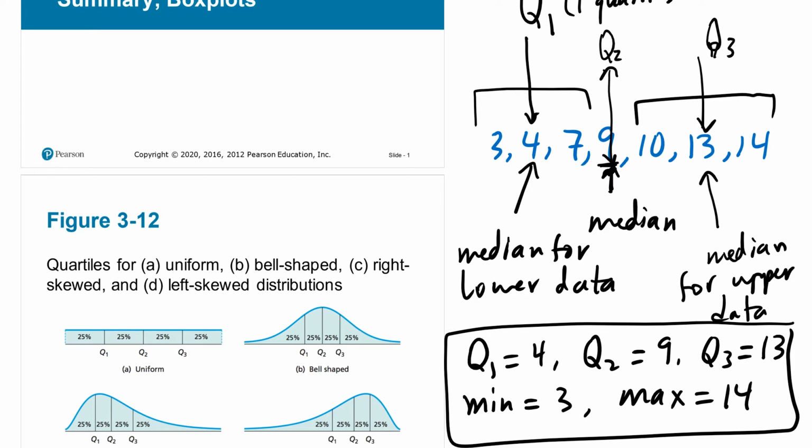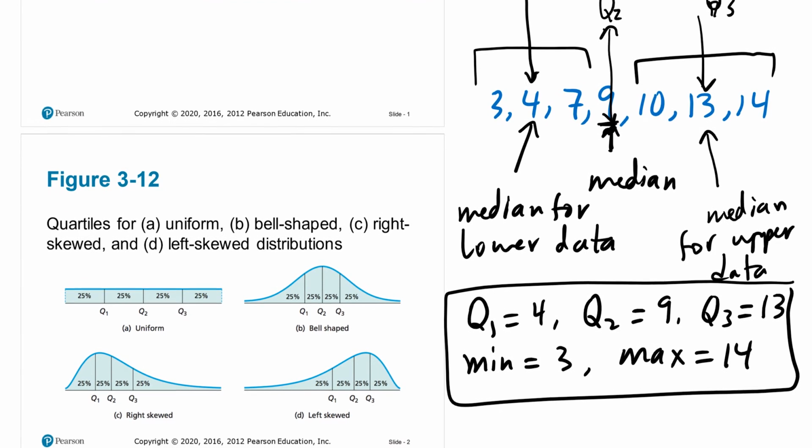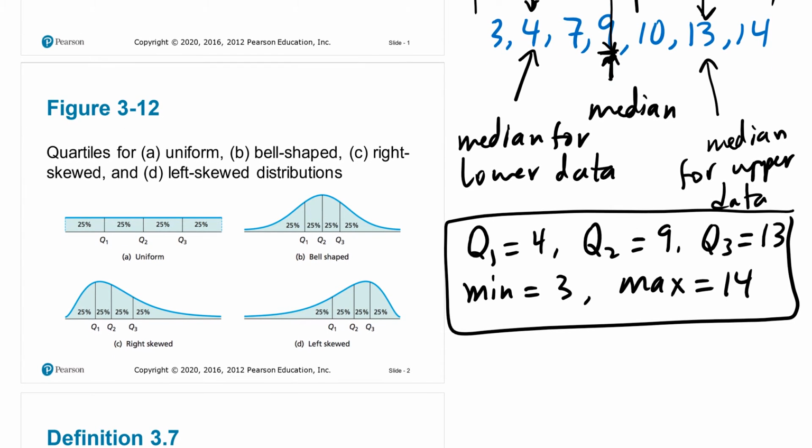Now, we have another thing to introduce here. The way these quartiles work is that we plot them on a graph, let's say 3, 4, 5.